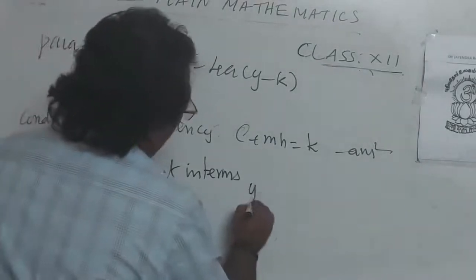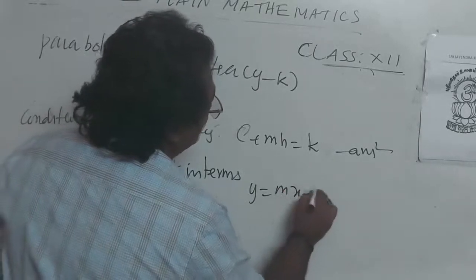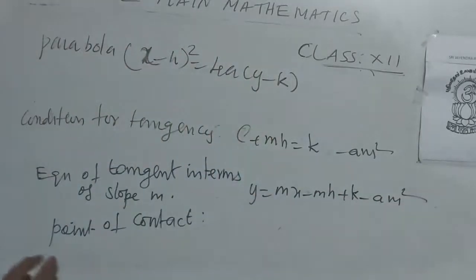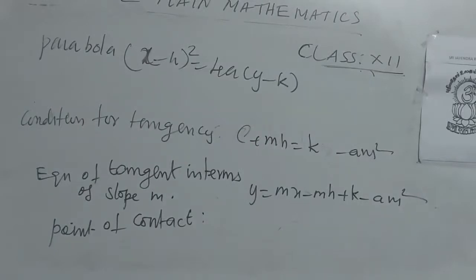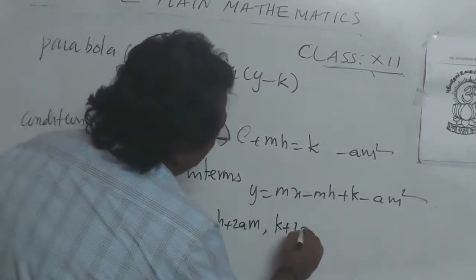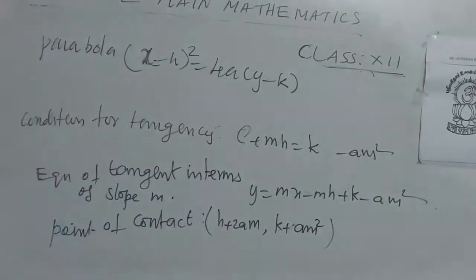So the tangent is y equal to mx minus mh plus k minus am squared. The point of contact is h plus 2am comma k plus am squared. The previous portion, 2am comma am squared, should be added with h and k.